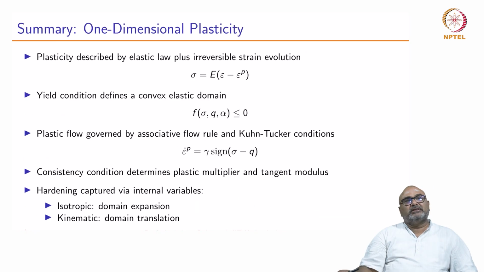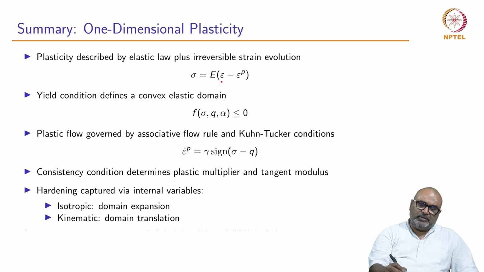So, in this lecture, the following is a summary of what we have tried to understand for one dimensional rate independent plasticity. The plasticity is described by an elastic stress strain relationship where we have the total strain minus an irreversible plastic strain, which gives us the elastic strain.